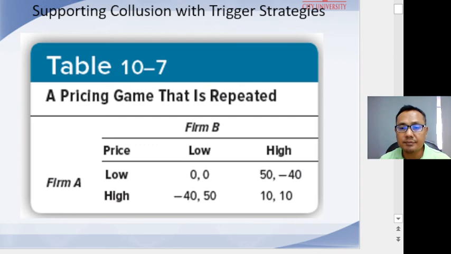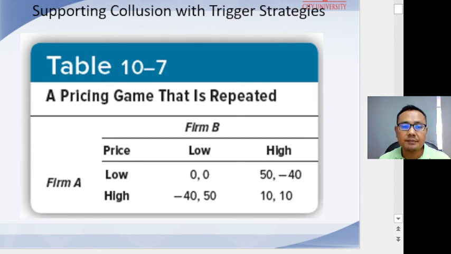According to the agreement, if a firm ever cheats, the other firm will charge a low price in all future periods. Thus, the best the firm that cheated can do is earn $0 in the periods after cheating, instead of the $10 it would have earned had it not broken the agreement. In short, the benefit of cheating today is earning $50 instead of $10 today, but the cost of cheating today is earning $0 instead of $10 in each future period.